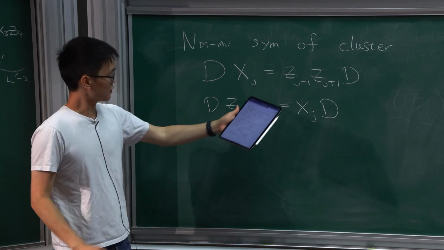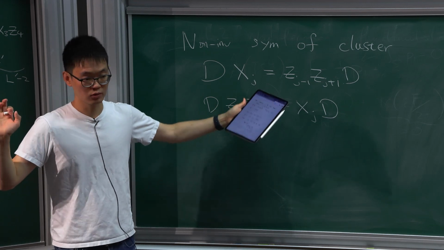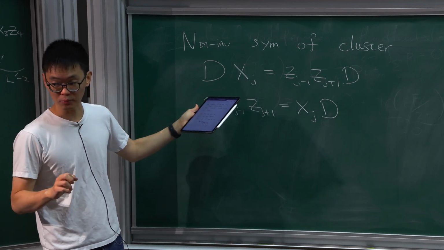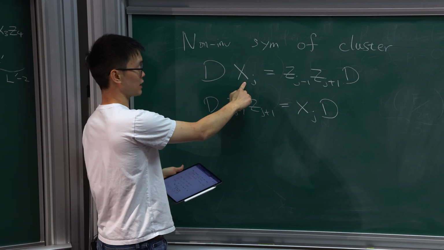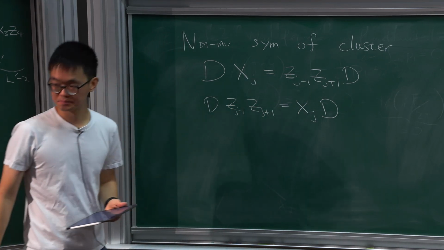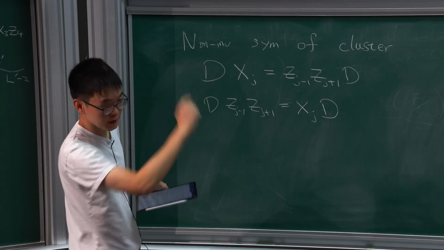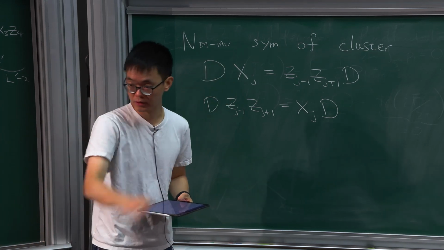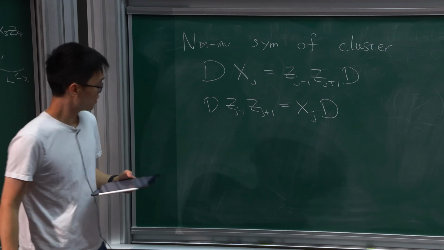So let's first check the cluster Hamiltonian will commute with this operator D, right? Because you just swap X_j with the neighboring ZZ and vice versa. This is different from the Kennedy-Tasaki transformation, and we'll get back to that in just a second.